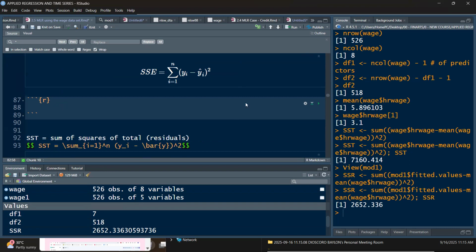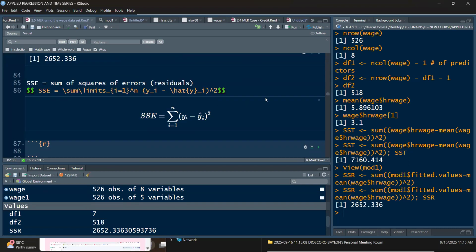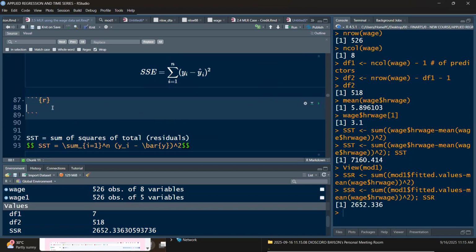Okay, and lastly, class, SSE. We'll explain SSR in a while. SSE class will just be the sum of your actual minus your predicted value. So ito na yung residuals nating class. This is now the difference between your actual value and your predicted value. Kung ano yung hindi kayang ma-explain ng model.